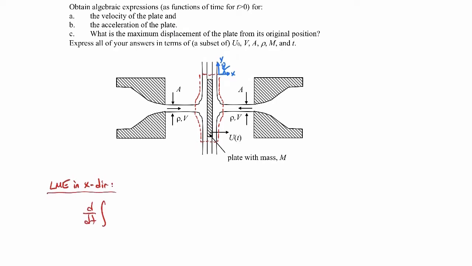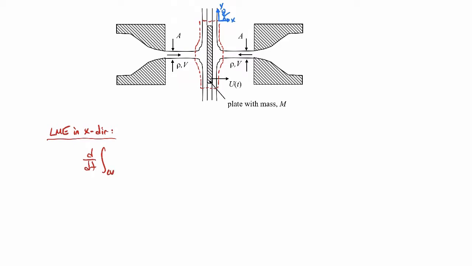So we'll write out the full linear momentum equation in the x direction. We'll write it all out, and then we'll go ahead and simplify it. Now, because I'm using a coordinate system that's non-inertial, it could be accelerating, I need to put the acceleration term in the linear momentum equation.